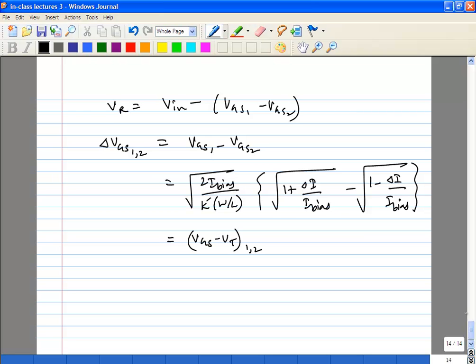This first term is your VGS minus VT times 1 plus x whole power n. You can expand that, so you'll get 1 plus delta I over 2 I bias from this, minus of 1 minus delta I over 2 I bias. So this is your linear approximation.